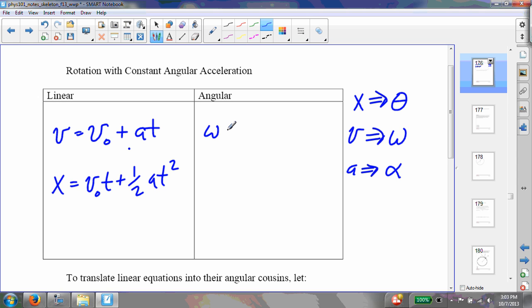This is going to be omega equals omega naught plus alpha times t. That's the angular velocity is equal to the initial angular velocity plus the angular acceleration times time. And then we also have theta equals omega naught t plus 1/2 alpha t squared.